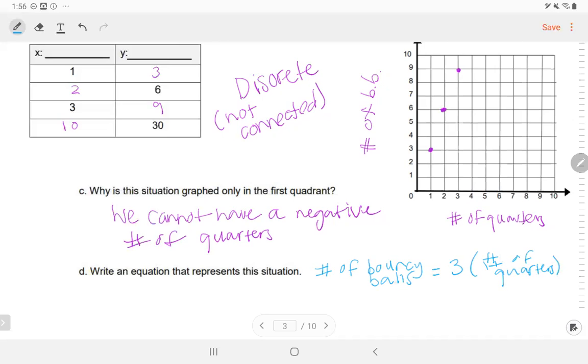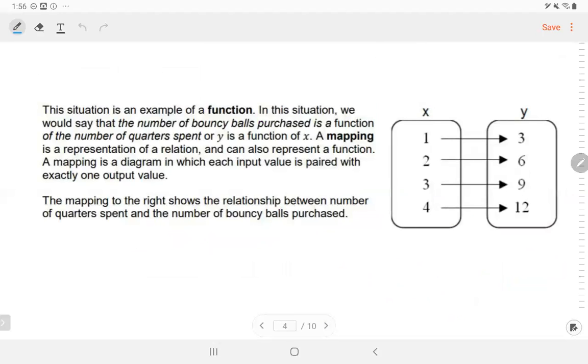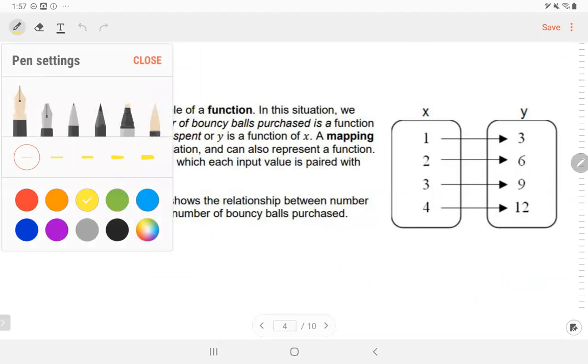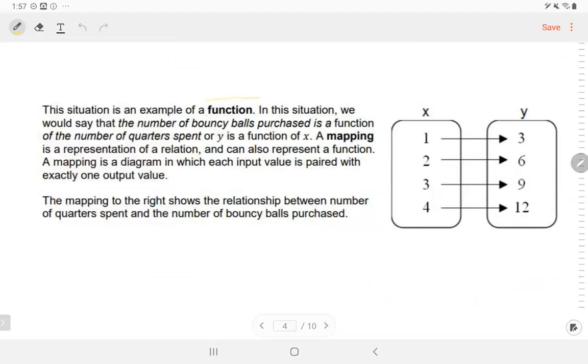That means that my number of bouncy balls, I knew that was my y variable, so y equals 3 times my number of quarters, which was x. So there's my equation. This situation is an example of a function. In this situation, we would say that the number of bouncy balls purchased is a function of the number of quarters spent, or y is a function of x.